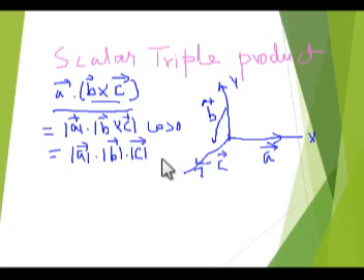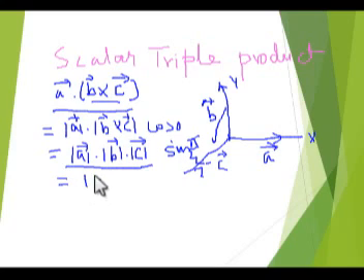When you use sine theta, here theta is pi by 2, so this is also 1, because sine pi by 2 is 1. So the relation we get is just modulus of A vector, modulus of B vector, and modulus of C vector.